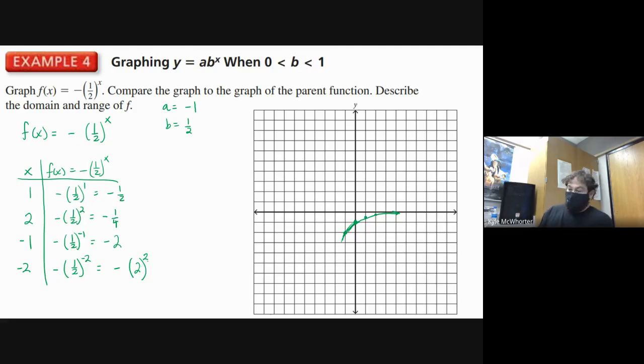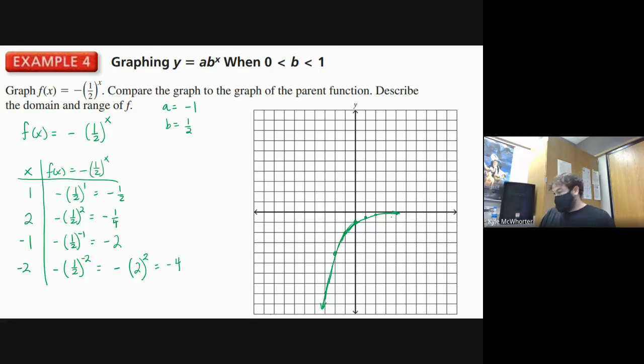So now 2 squared is 4. The negative was still out front, so -4. So that gives us the point -2, -4. And then you can see we've got our graph going that way.